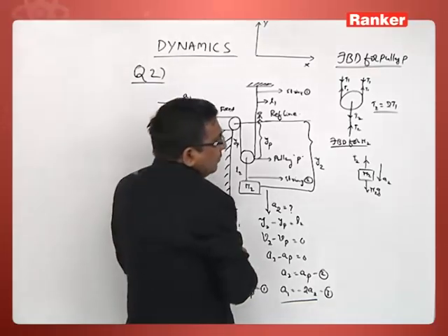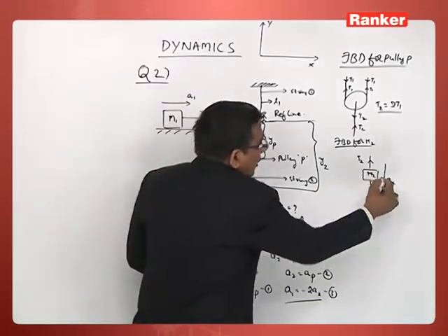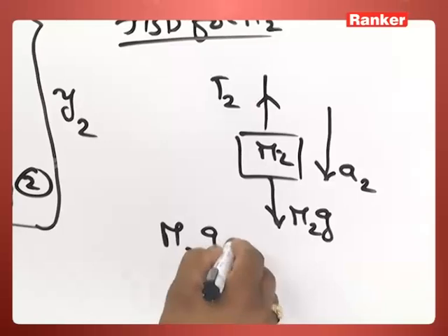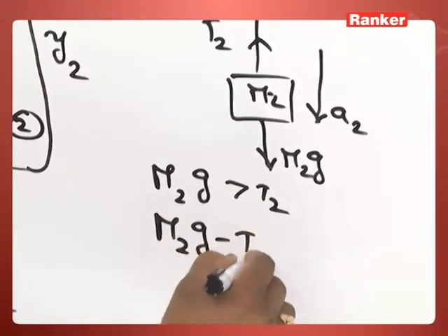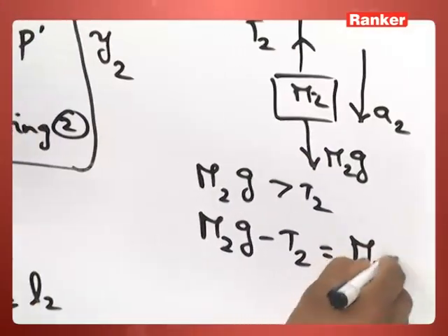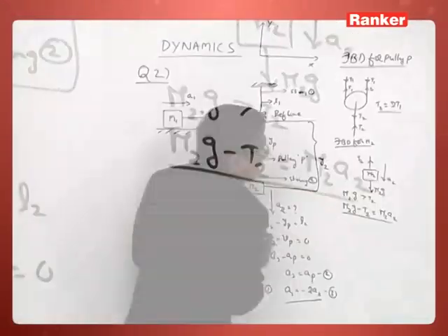So the free body diagram is this for M2. As it is moving down, definitely M2G must be more than T2. Therefore, M2G minus T2 is equal to M2A2. This is the acceleration equation. Next, one more equation that you are going to get.